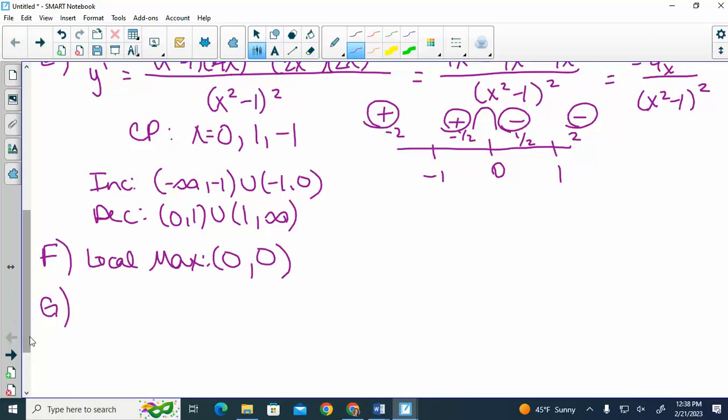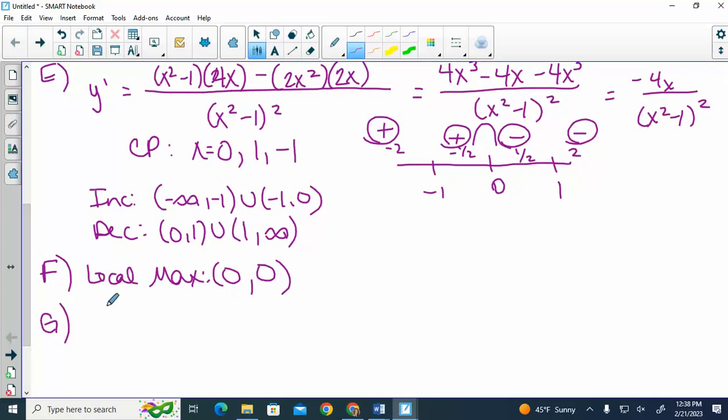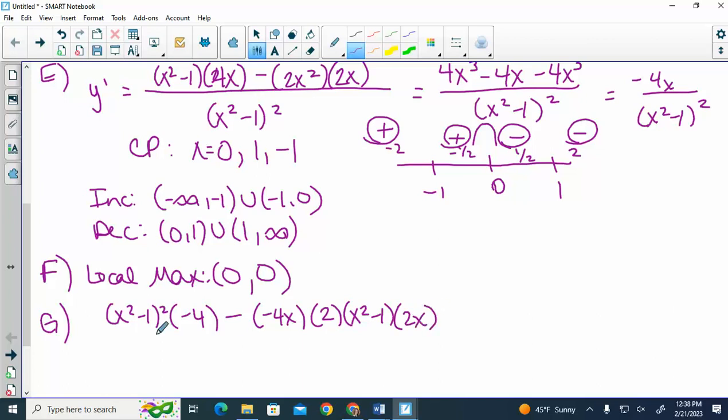Inflection points. What do we need? Second derivative. So that's low d high minus high d low, so 2 comes down, inside stays the same, subtract 1 from the power, times derivative of the inside, over low squared, so we come to the 4th. Now we can cancel an x squared minus 1 out of everything, so that leaves us 3 of them on the bottom.